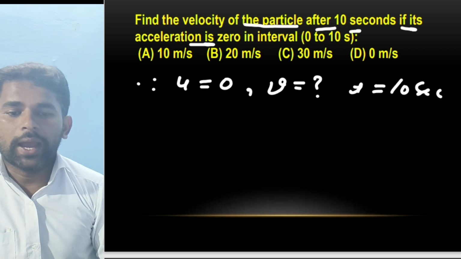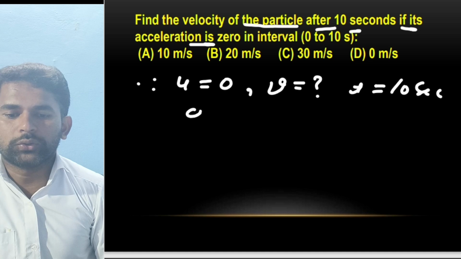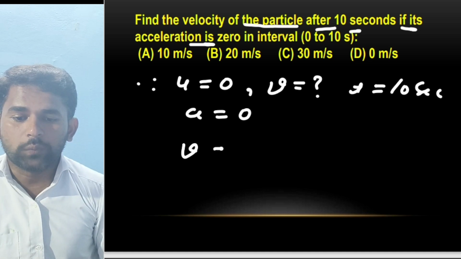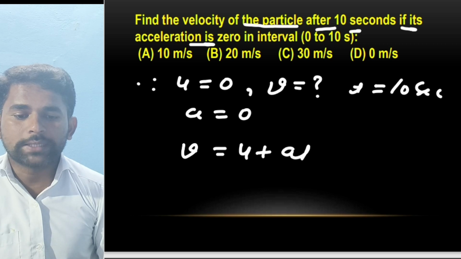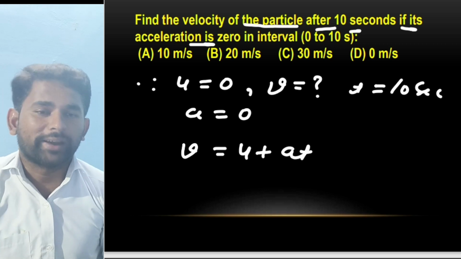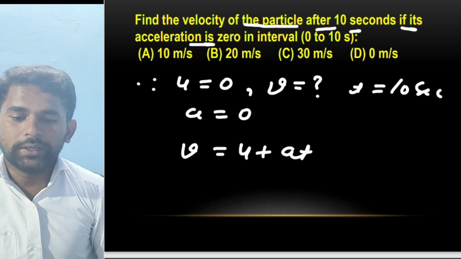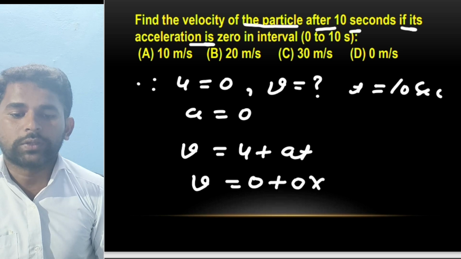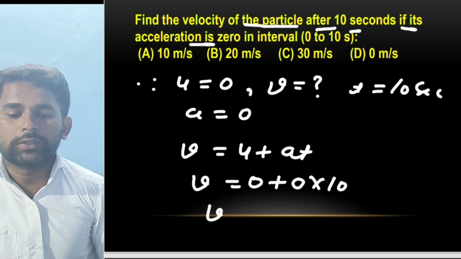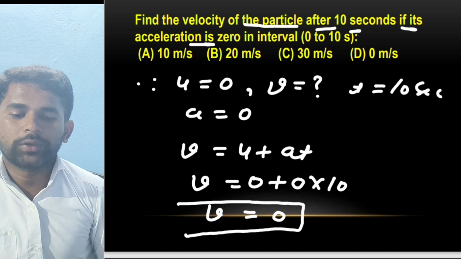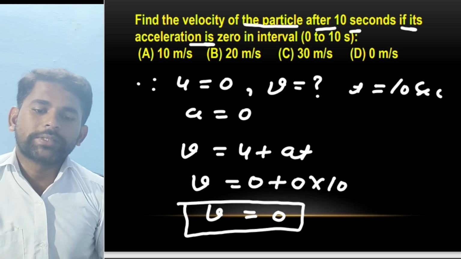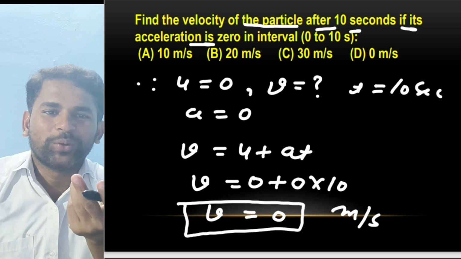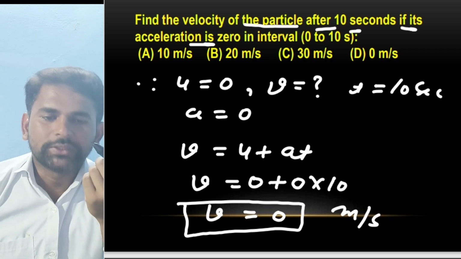Okay, very good, and acceleration is 0, so a is equal to 0. So we know one relation. What relation? V is equal to u plus at. You can see on that paragraph. So now you can see here. So you can place the value v is equal to initial velocity 0 plus acceleration also 0 times 10. So you can solve this one. So you will get 0. So the final velocity is 0 meter per second. Okay. So the final velocity is coming 0.